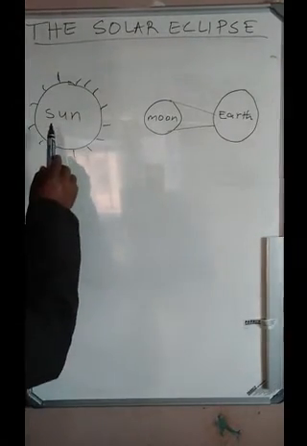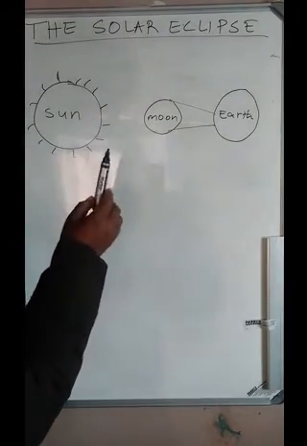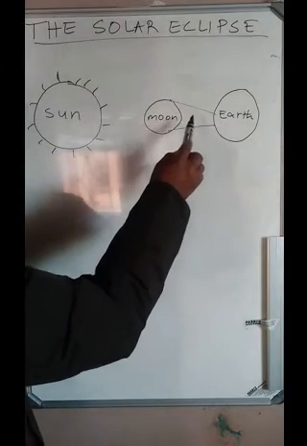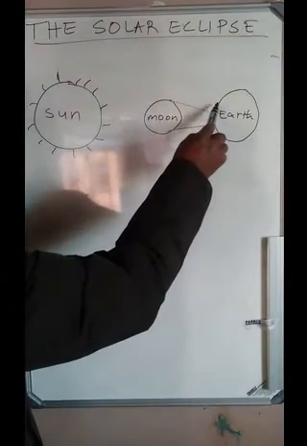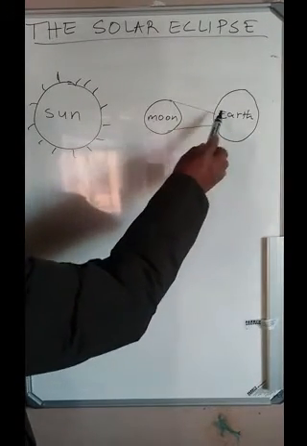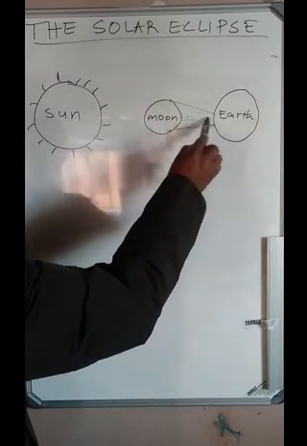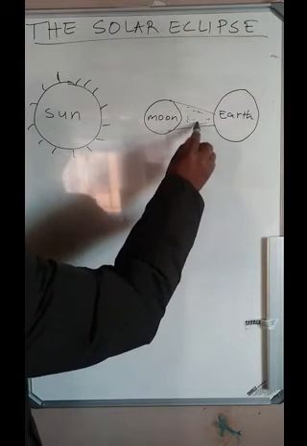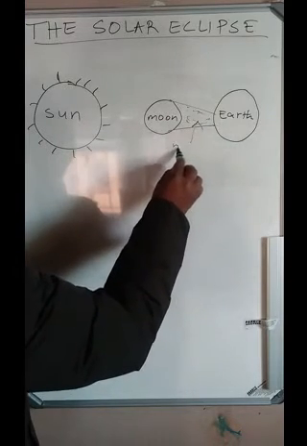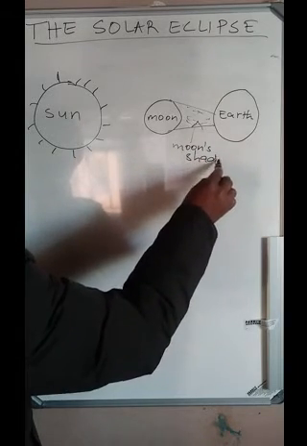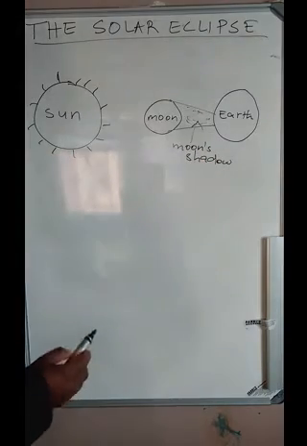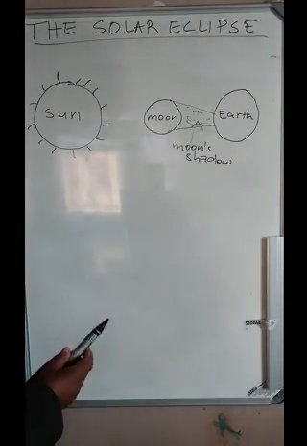So when the sun shines on the moon, the moon's shadow falls on earth.